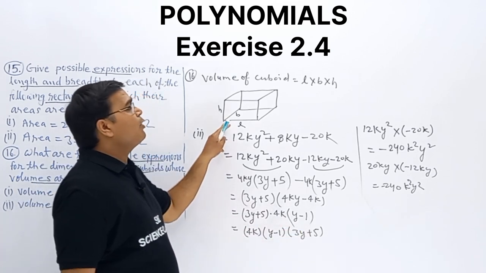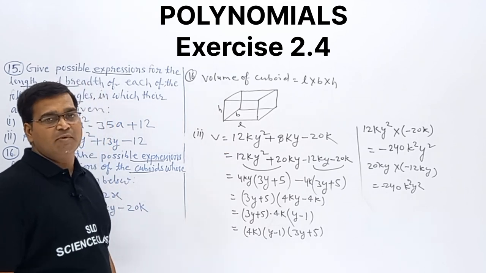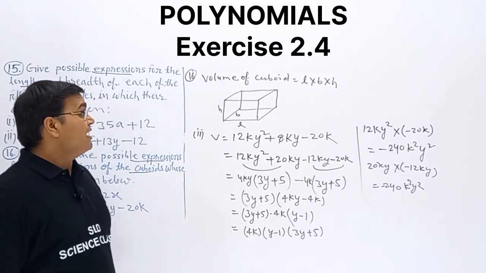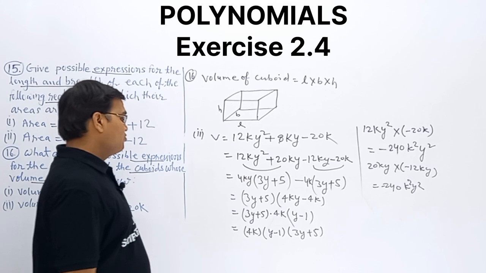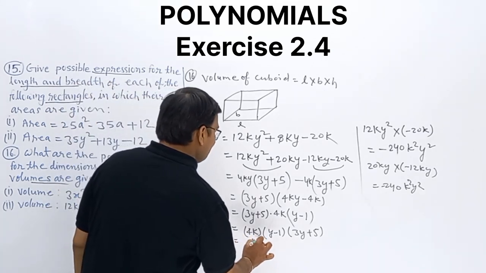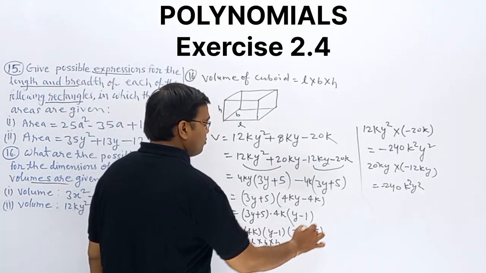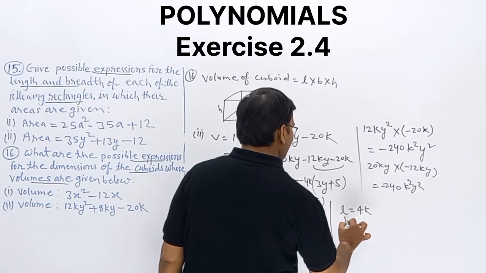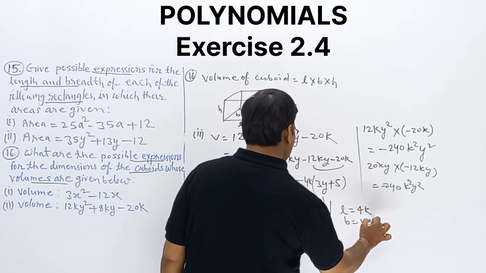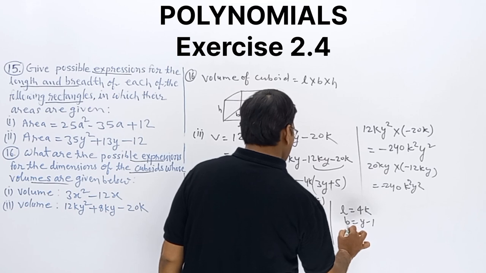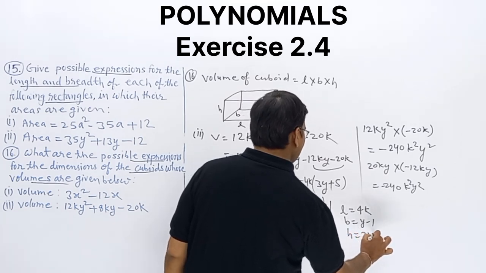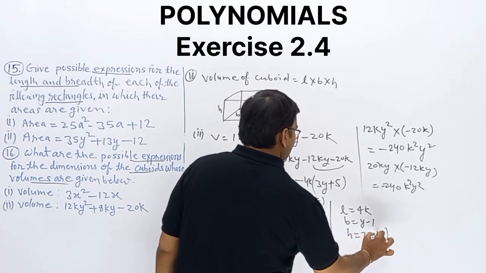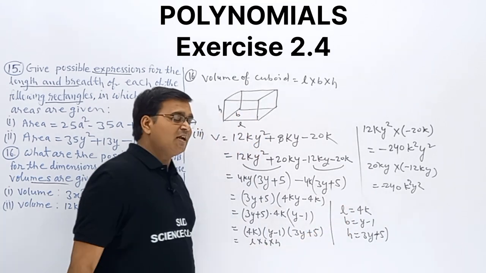Why? Because in the cuboid we have three dimensions: length, breadth and height. So this will be length into breadth into height. Length equals 4k, breadth equals y minus 1, and height will be 3y plus 5. We can change length, breadth, height also.